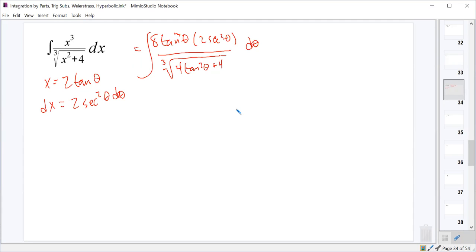Not really a good way to deal with that, right? So this cube root here is going to be an issue. When we had square roots, that generally worked out pretty nicely, because we were able to take the square root of the squared thing inside, but the cube root's going to be a problem. So it looks like we're going to have to switch over and try a u sub.